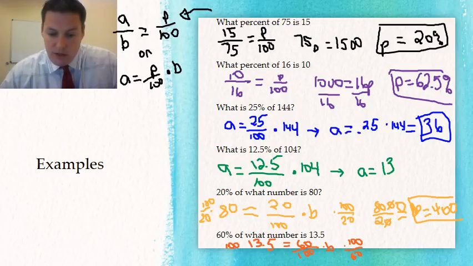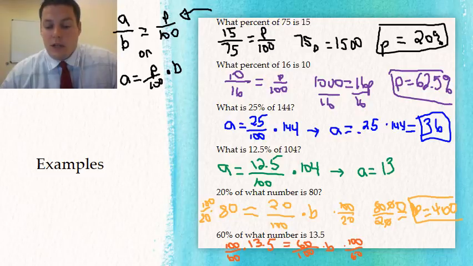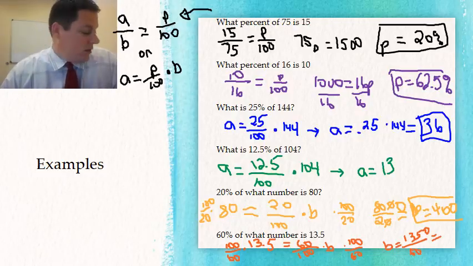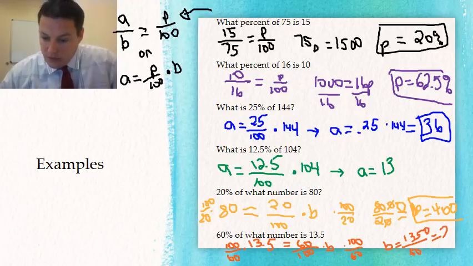If you guys are good at this, instead of writing 60 over 100 here, you can just write 0.6, if you're comfortable moving the percentage into a decimal regularly, and we will get better at that over time. Or you can just write it as the ratio of 60 over 100. We get B equals 1350 over 60, which should then equal 22.5.